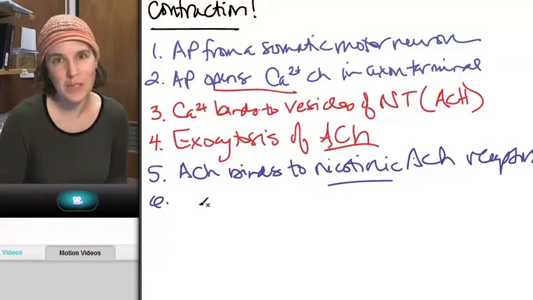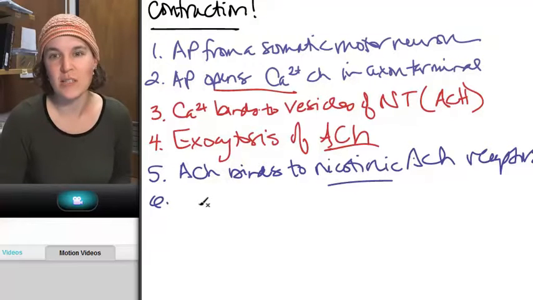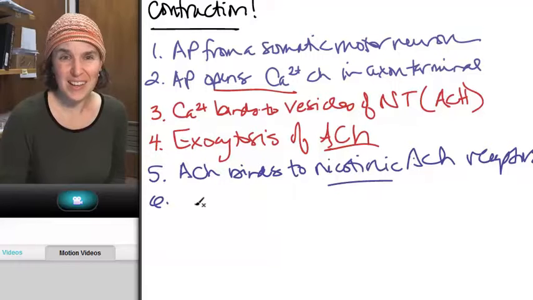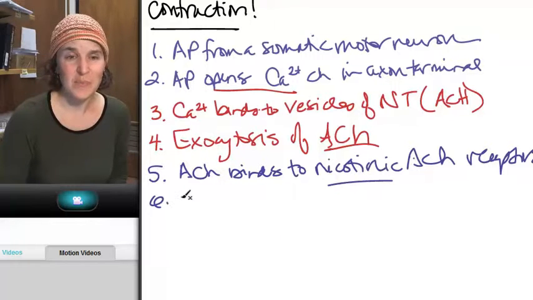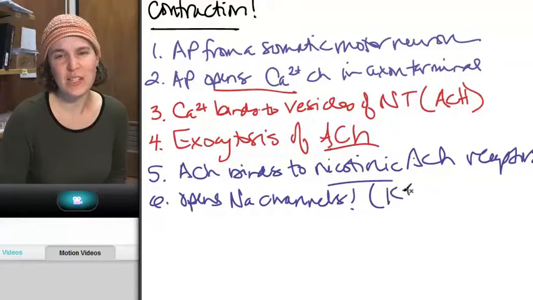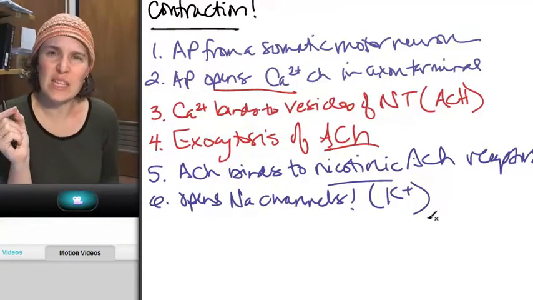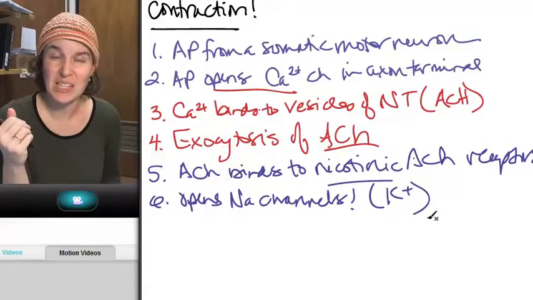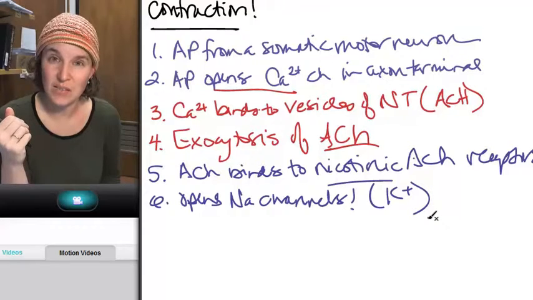And then what happens? Do you remember the characteristics of our nicotinic acetylcholine receptor? It was actually like a sodium gate. And so it opens sodium channels. And interestingly, the acetylcholine receptors allow a little bit of potassium to leave.